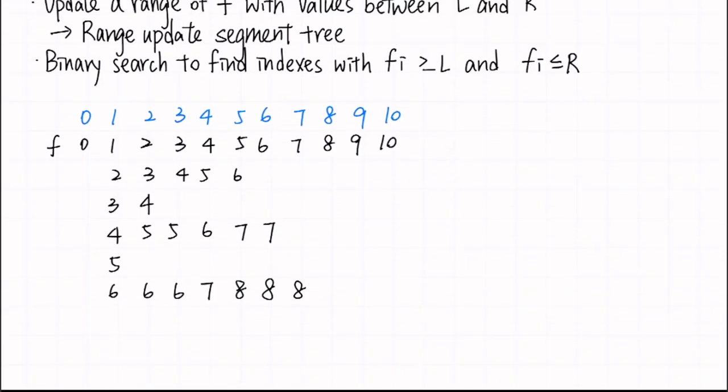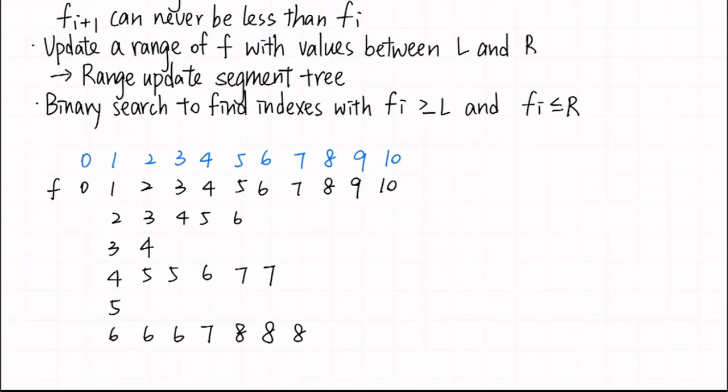So if we look at the first sample input, initially there are values. All the x values will be listed like this, and each value corresponds to the initial value. And after the first contest, all of the ratings in the range 1 to 5 will be updated.